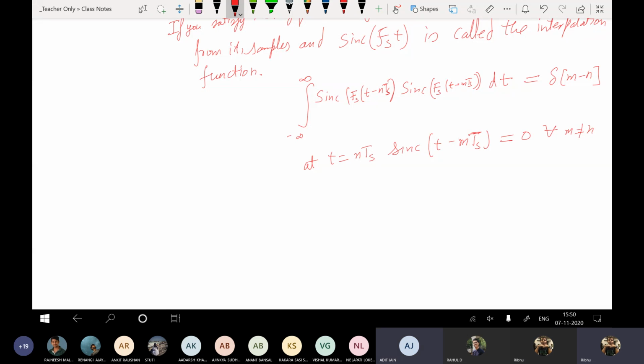So your second statement is basically finding out the zero crossings of the sinc. Yes.